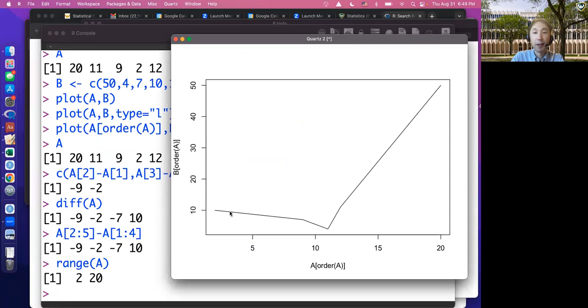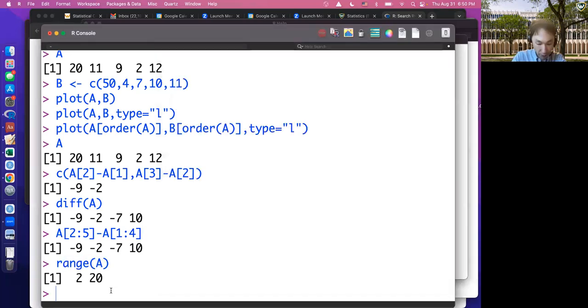Sometimes we have to specify the range for Y. In this case, we only have the one line, so R automatically adjusts the range of the Y-axis from the minimum observation to the maximum observation. But if we want to create maybe 3 line graphs in the same window, then sometimes you have to exactly specify the range. So range can be used for that purpose.